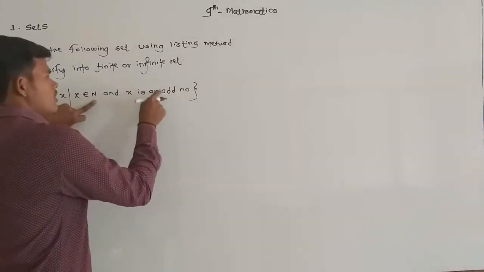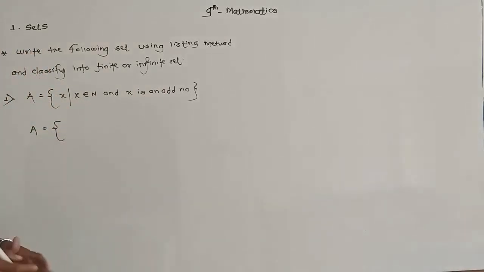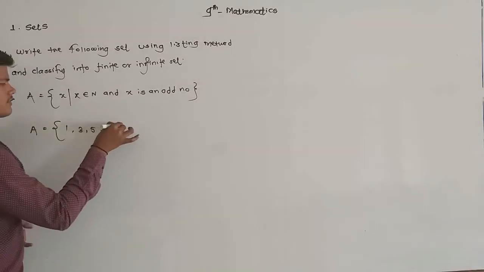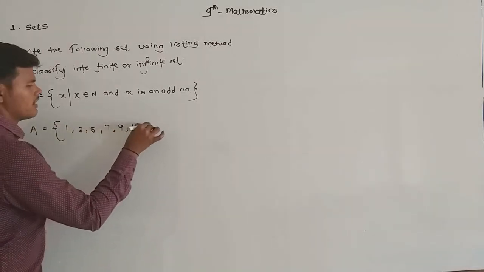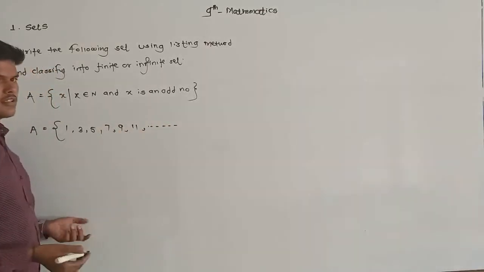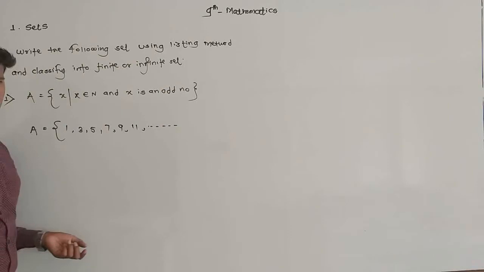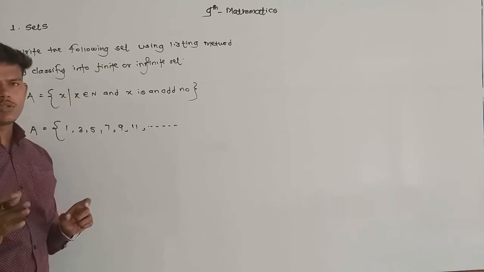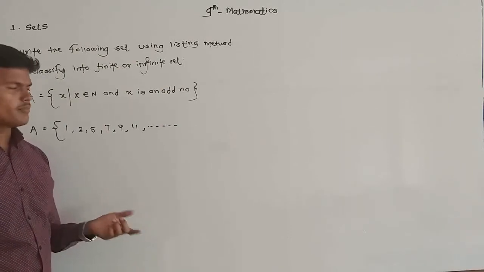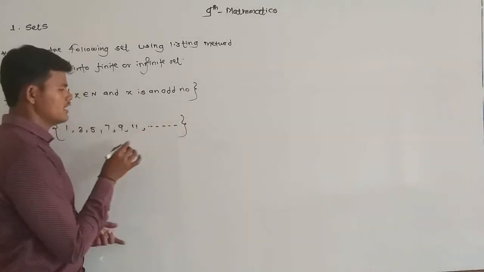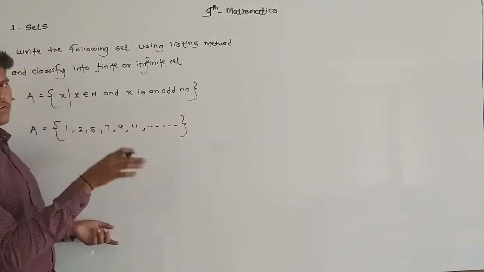So x is an odd number, म्हणजेच we have to write odd numbers. So 1, 3, 5, 7, 9, 11. But there is no condition up to which number we have to write odd numbers. म्हणजे आपल्याला अशी एखादी पर्टिक्युलर कंडिशन सांगितले का, write odd numbers between 10 to 50, अशी नाहीये. That means we have to write infinite odd numbers. That means this set belongs to an infinite set.